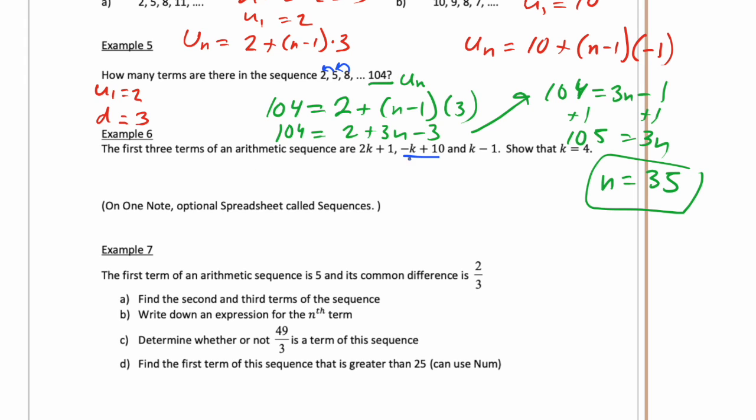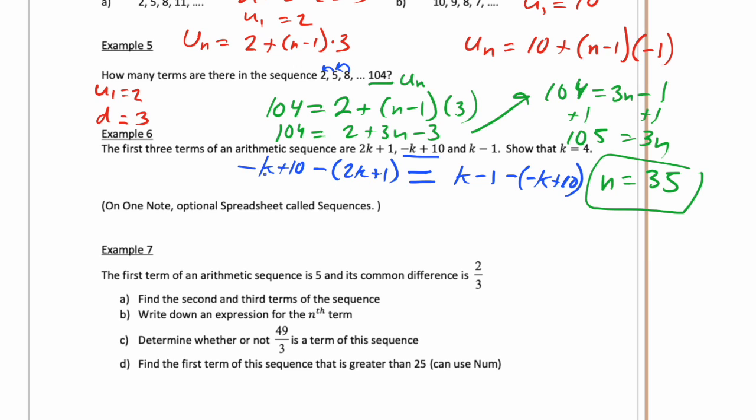So if we take the second term and we subtract the first term, we need that in brackets, that gives you the same value, that's your equal sign, as if you take the third term, subtract the second term. They will give you the same value.